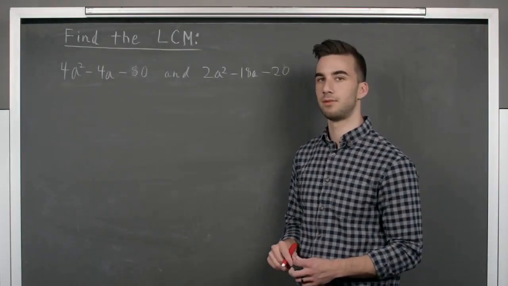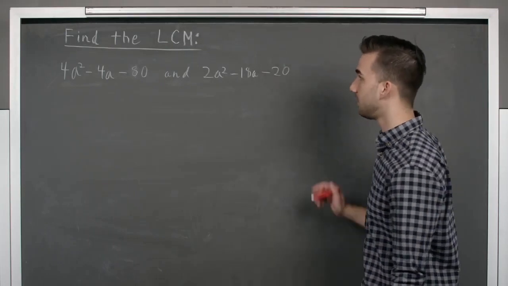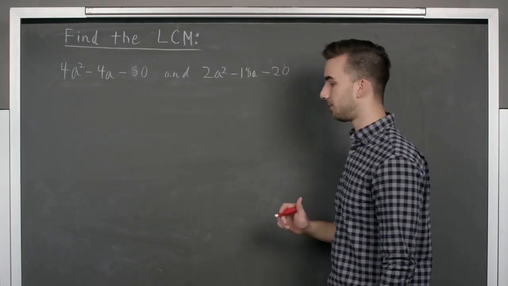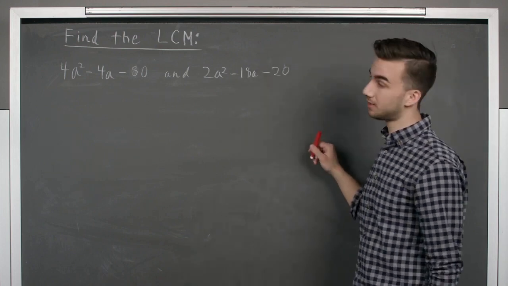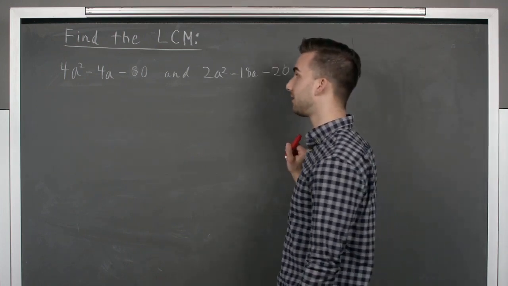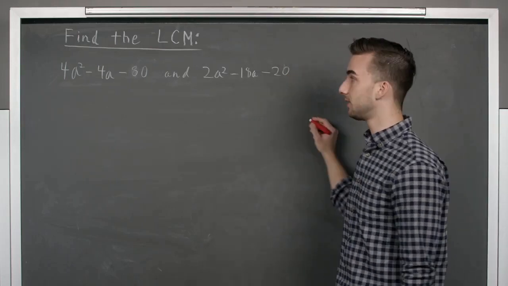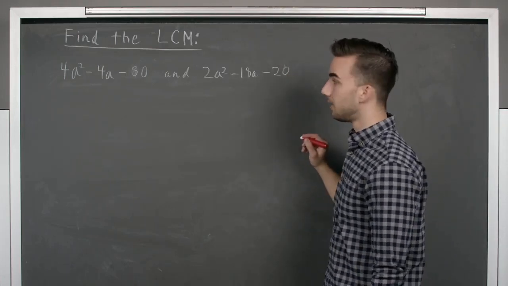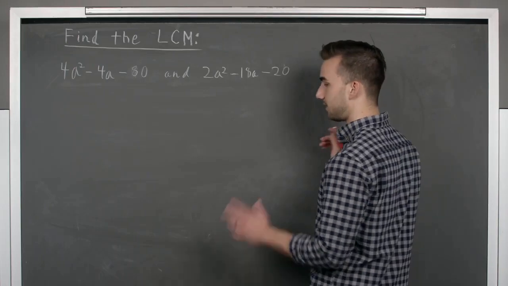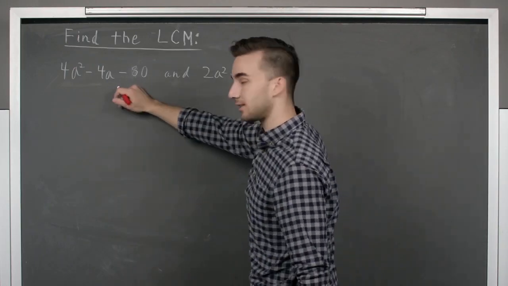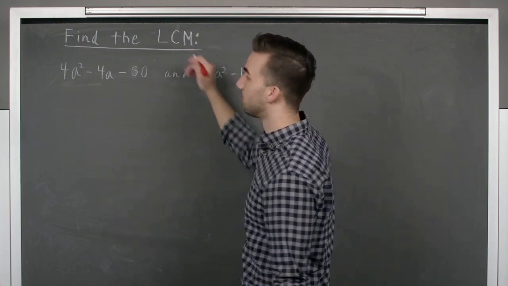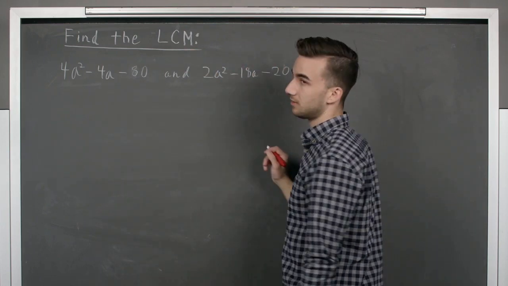In this example, we have two expressions that we are trying to find the least common multiple of. The first thing we do when trying to find the least common multiple is we have to factor everything as much as possible. So you can basically break this into little problems in your head where we have some factoring problems and then we're finding the least common multiple as the final step.